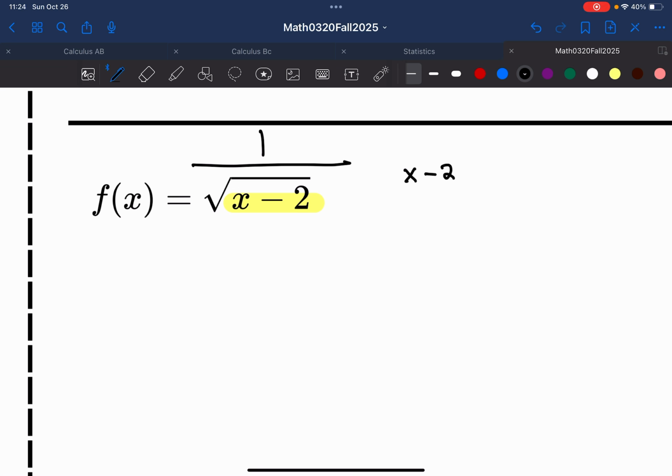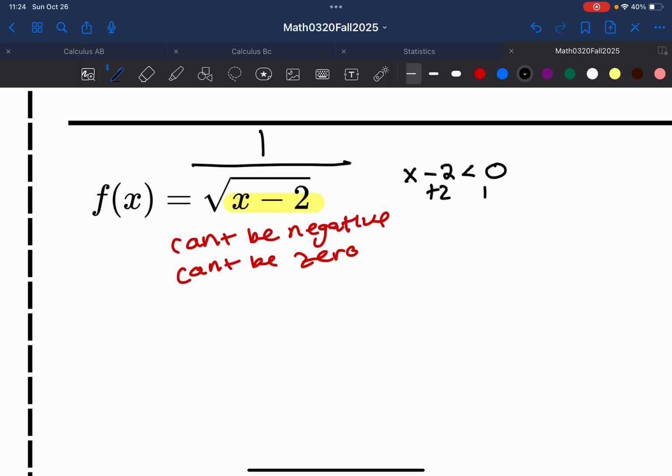So that means it can't be negative, and it can't be 0. Okay, so that means we're finding all the values that are making it 0 and doing the opposite. So x minus 2 is less than 0. So I'm going to add 2. So x less than 2.